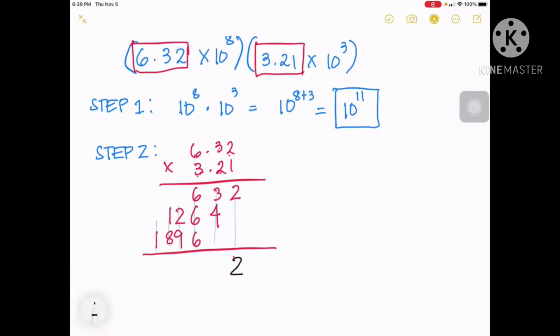Then 3 plus 4 is 7. Then 6 plus 6 is 12, plus 6 is 18. Carry 1, then 1 plus 2 is 3, plus 9 will give you 12. Then carry 1 here, 1 plus 1 is 2, plus 8 is 10, carry 1 here. So 1 plus 1 is 2.